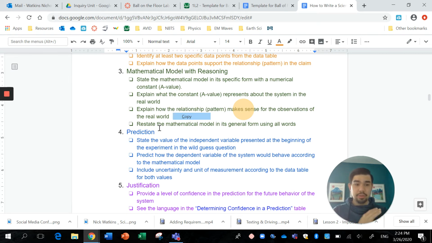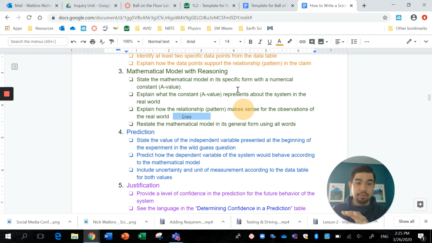Our mathematical model is really just a formula with words that represents your line of best fit. Your line of best fit is the pattern that your two variables represent. Knowing this pattern and this mathematical model allows us to make predictions for the future of what would happen if.